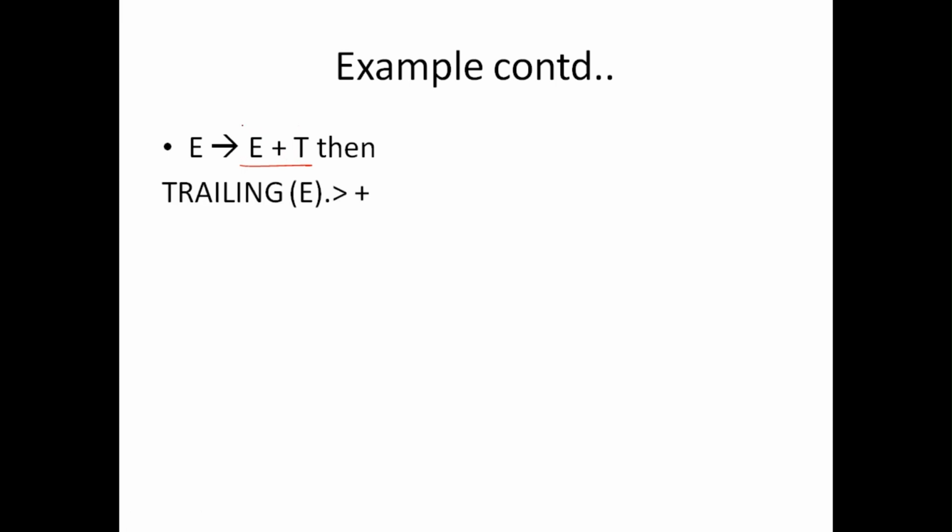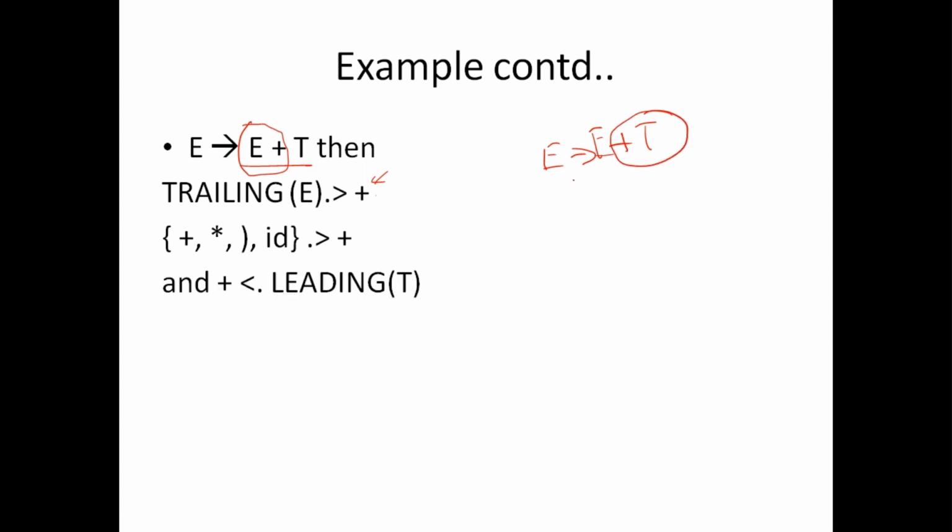If we consider this only, then trailing of E takes precedence over plus, that is, plus, asterisk, closing parenthesis, id will take precedence over, or has greater precedence over, plus. And if we consider the second part, that is E is rewritten as E plus T, what happens?